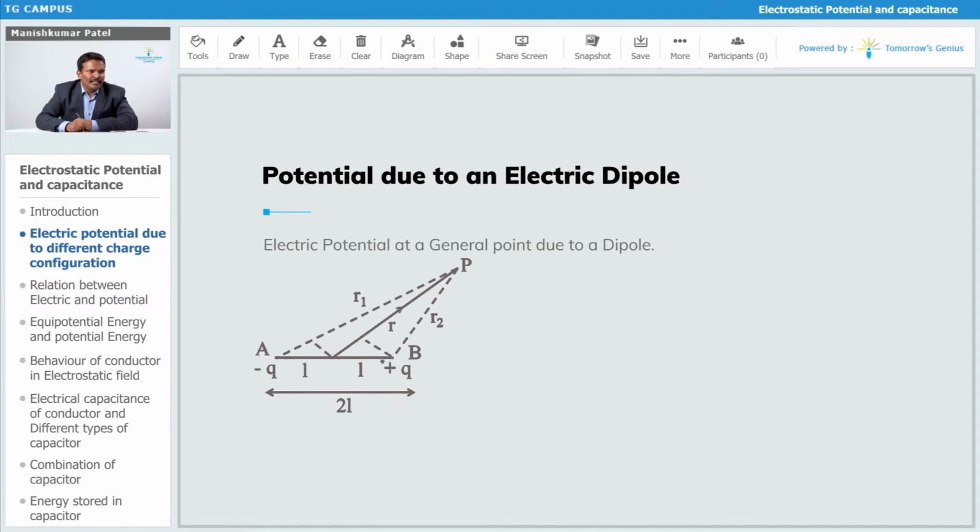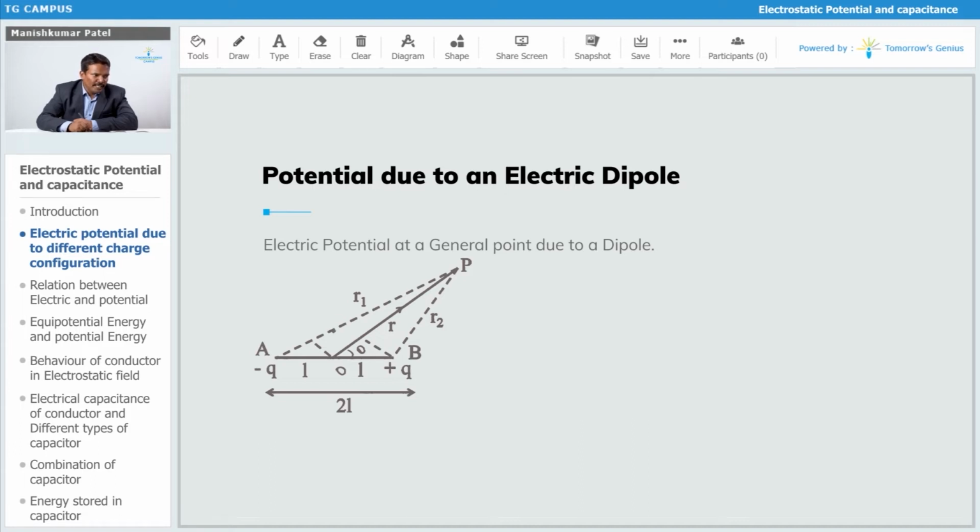Again assume that this plus Q is located at a distance R2, and this minus Q is located at a distance of R1. Then just join the center of this dipole, which is, for example, O. This distance is R and it is making the angle theta.